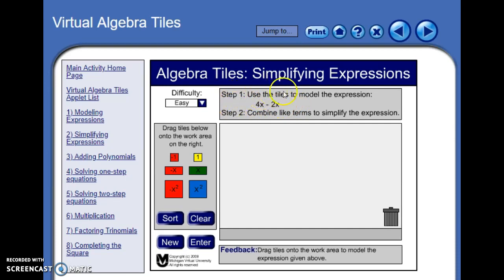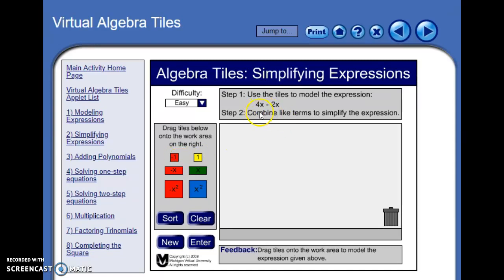So step 1 is we're going to use the tiles to model this expression, okay? Keep in mind that our positive x's are going to be green rectangles, and our negative x's are going to be red rectangles. Our positive numbers are signified by yellow squares, and negative numbers are the red squares.